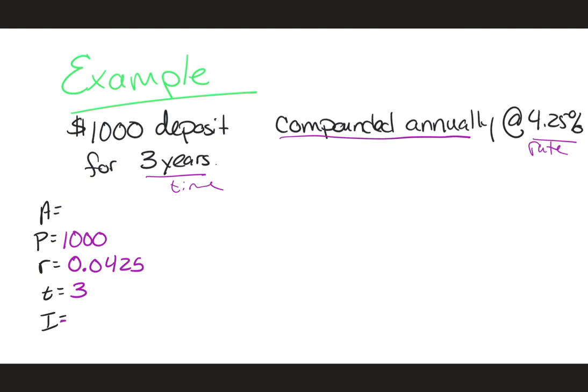Writing the formula out, I'm going to have account balance equals P times (1 plus R) to the T. Now I insert the information I know into the formula. A equals $1,000 times parentheses 1 plus 0.0425 parentheses to the exponent of 3.